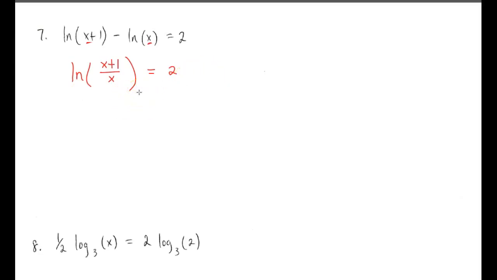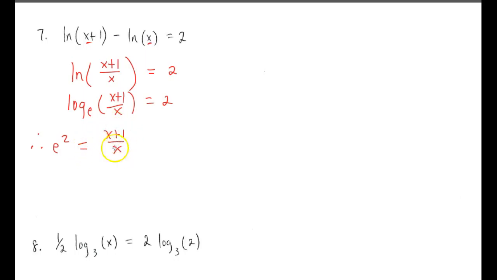Probably the more intuitive way to do it would be to now say that this is log base e of x plus 1 over x equals that. And then from here, we use the definition of a logarithm to say e raised to the 2 is equal to everything that's on the inside of the logarithm. So here we'll say e raised to the 2 is equal to x plus 1 over x.